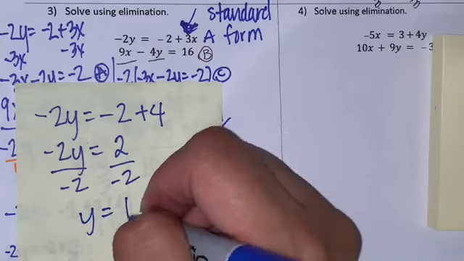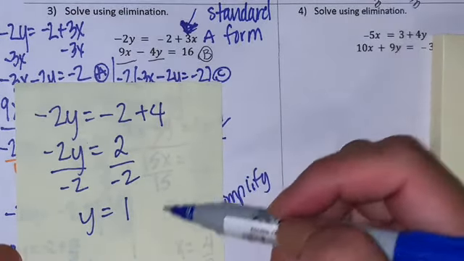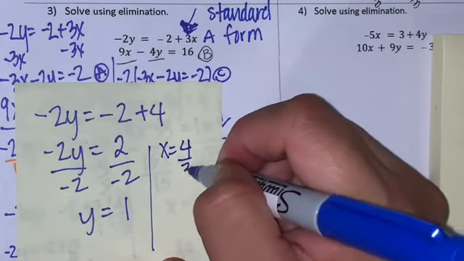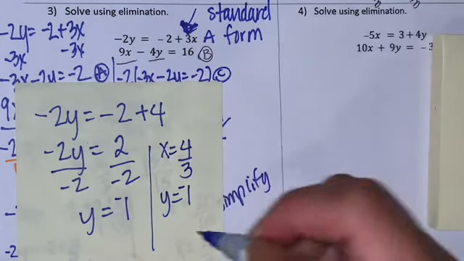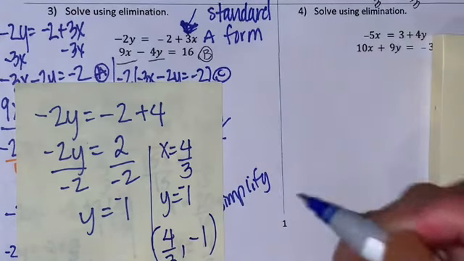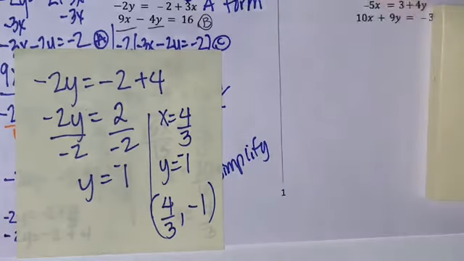Y equals 1. Okay, so this is my solution. X equals 4 over 3. Y equals 1, or negative 1, sorry. And 4 over 3, comma, negative 1. That's my solution.